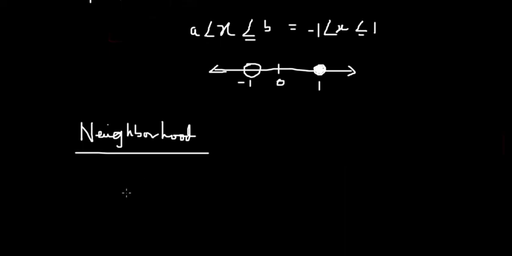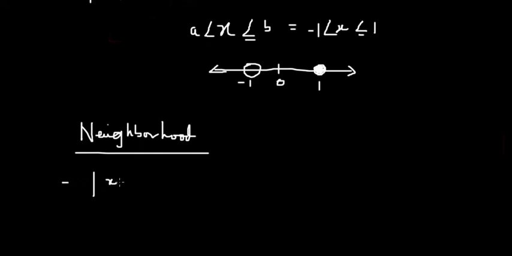Now for neighborhood, it's similar to interval, but it's a bit more involving than intervals. For intervals, you know that we have closed, open, and all that, but for neighborhood we have the delta neighborhood and the deleted delta neighborhood. So how do we represent the delta neighborhood?